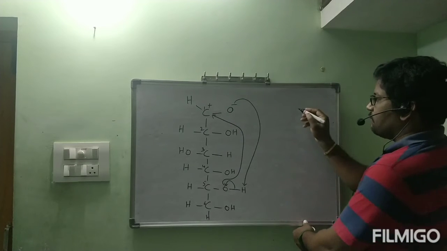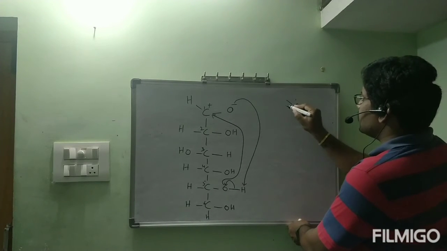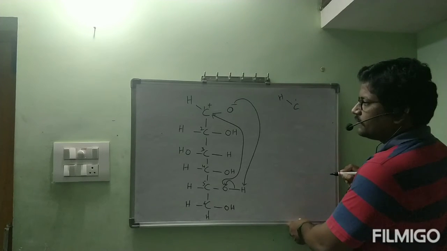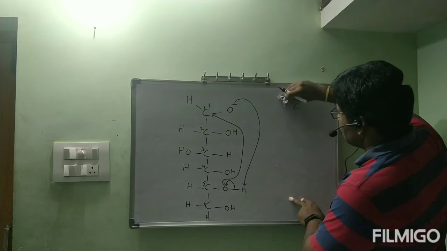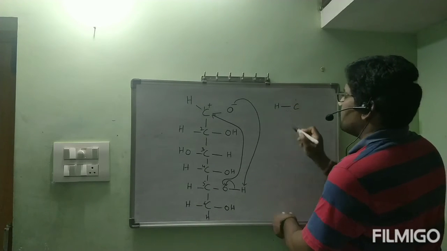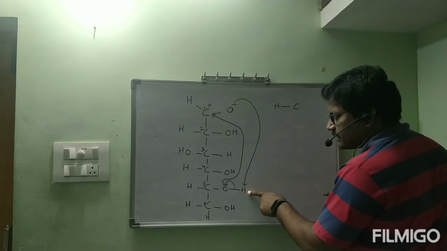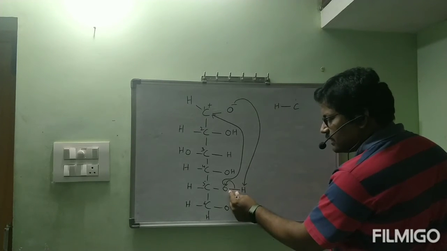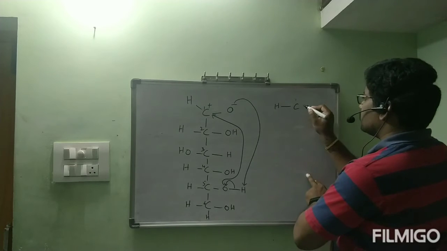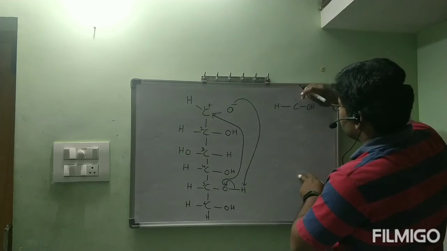Let us see. First carbon, C1, contains H. This O minus is going to attack this H plus. This bond is cleaved, and then it is formed as OH. This is C1.